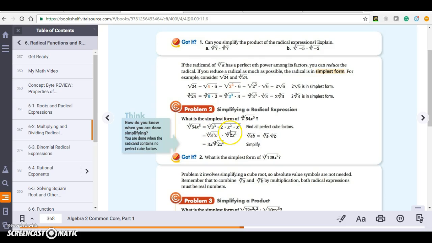And then also we have x squared and x to the 3rd. They pulled out the x cubed so that we can see that that comes out as well. And everything left under the radical is over here. And so I'm left with 3x, because this is what we can pull out of the radical, cube root of 2x to the square.